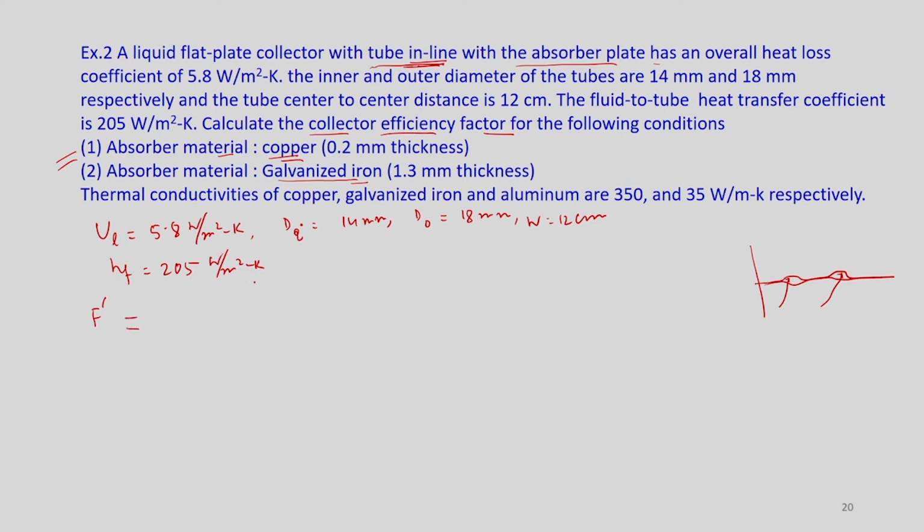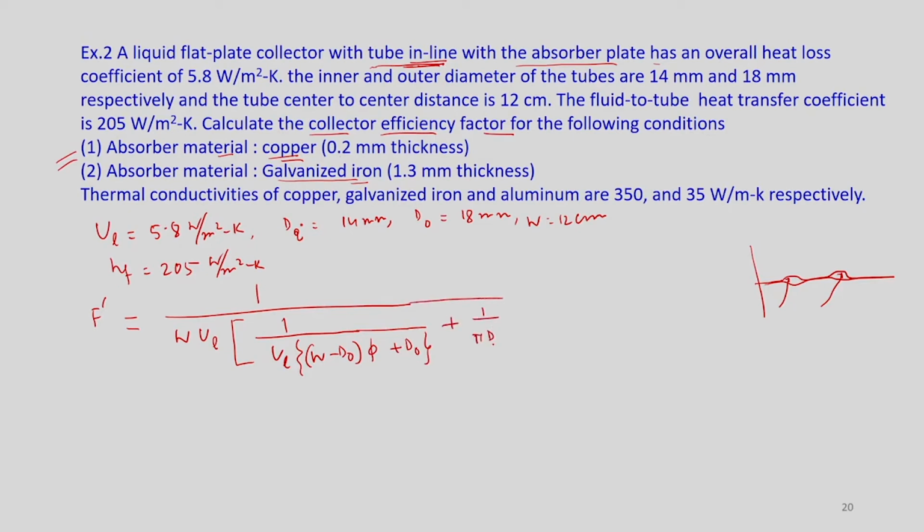We know the expression: 1 by W UL, then 1 by UL times W minus D naught into phi plus D naught, and then 1 by pi Di HF.